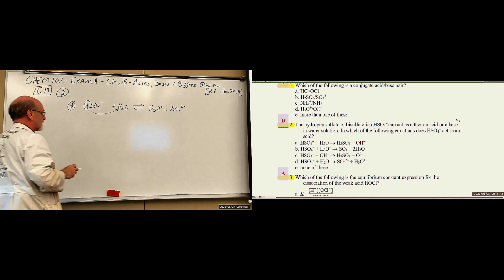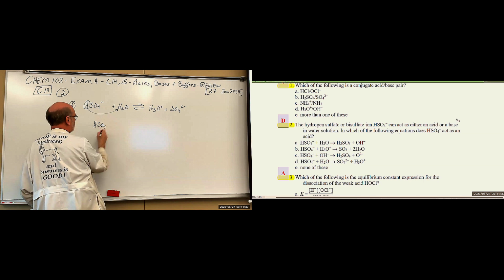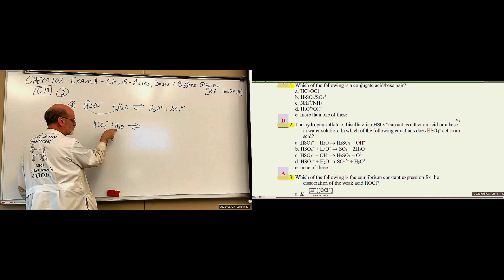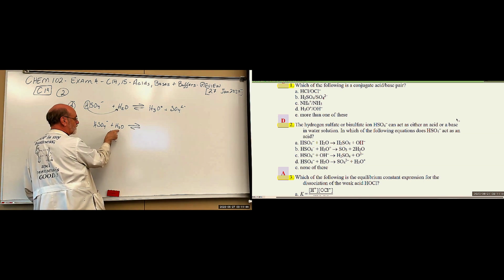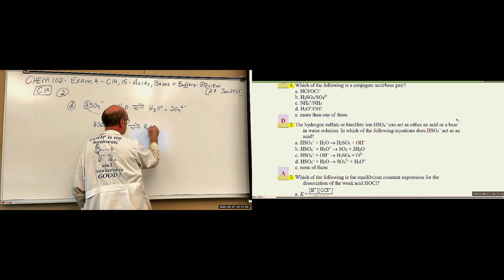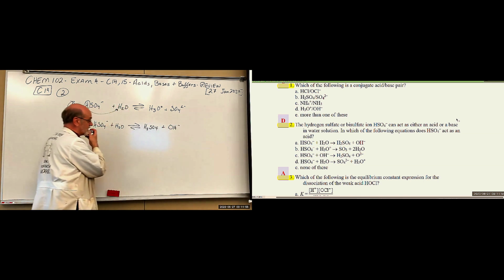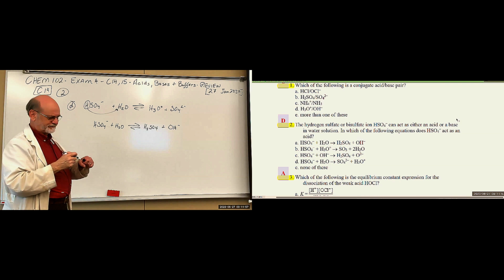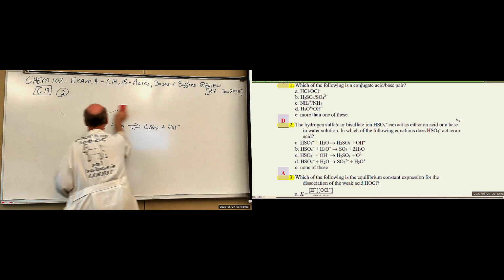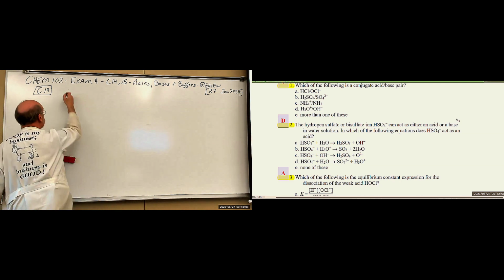What would it look like if it acted like a base? Well, in that case, the hydrogen would be transferred from water. It would be the acid. Transfer a hydrogen over here, and now you get sulfuric acid plus hydroxide. But that wasn't the question, of course. All right. Number 3.